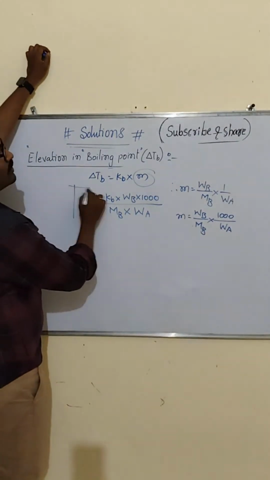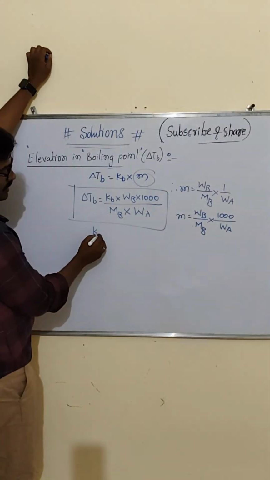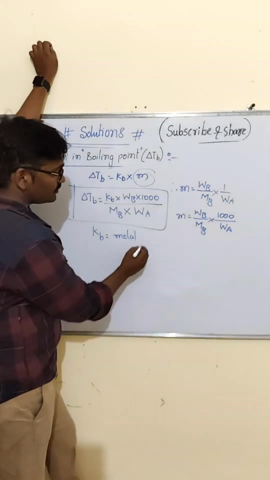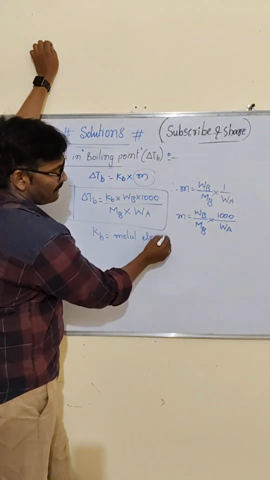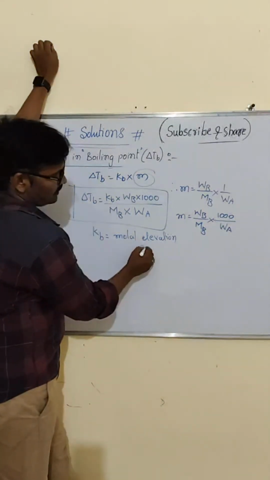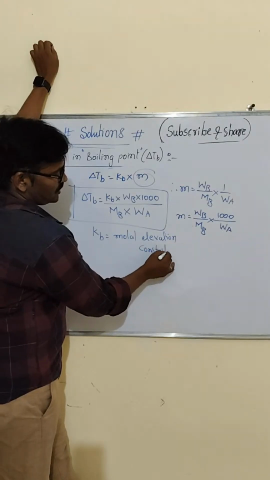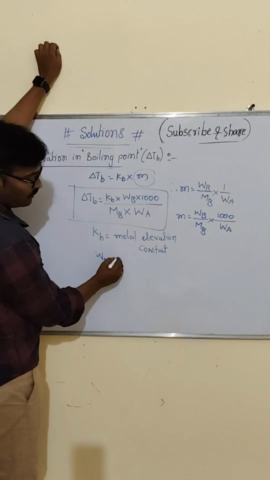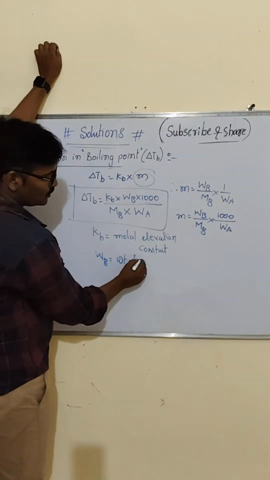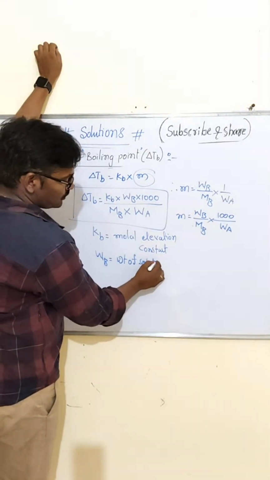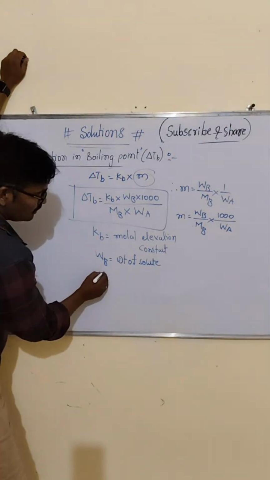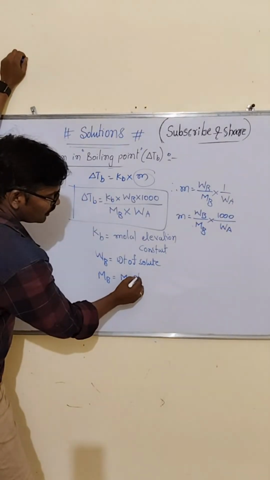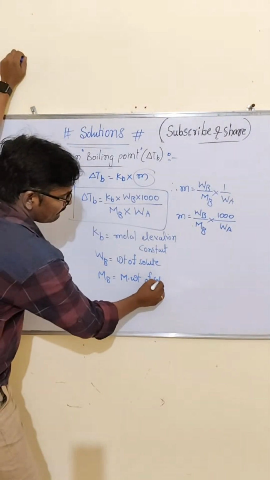So remember, I will discuss whatever terms are there here. KB equals molal elevation constant. WB is nothing but weight of solute. MB is nothing but molar mass of solute or molecular weight of solute.